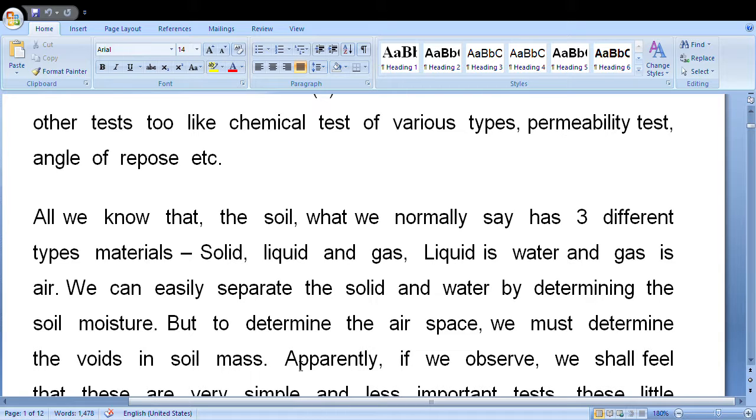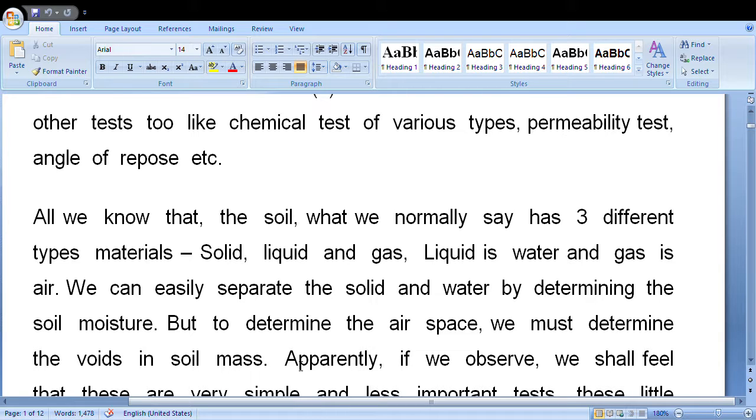Many people ask many questions. When it is a saturated condition, 100% saturated, underwater condition, how can there be air space? But analysis gives that all spaces are not filled up by the soil moisture.